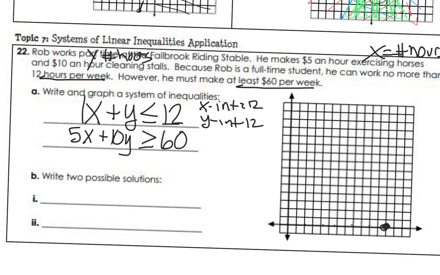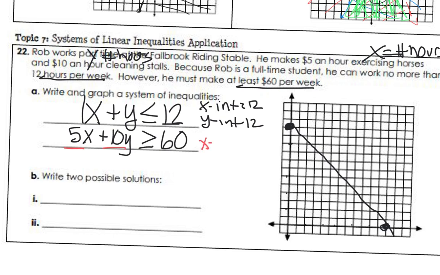And when you're graphing and not looking for the exact point of intersection, but looking at shading, it might prove to be easier just to graph your x and y intercepts.